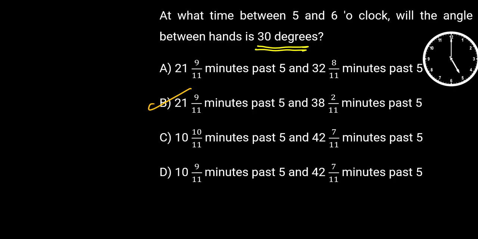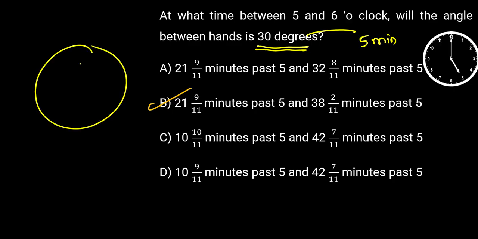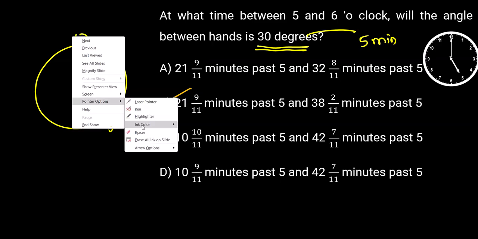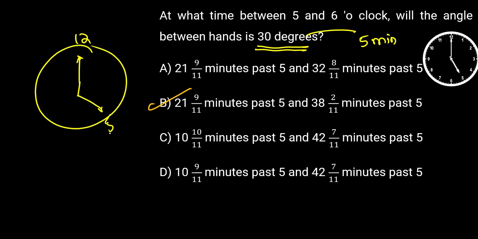In terms of minutes, if you convert, it's easy for you. 30 degrees is nothing but 5 minutes. Now listen, you are at what place? 5, right? 25 minutes, no? 5 minutes plus or minus 5, I can go for it. The answer should be option A, not B. I should go for 6 or I should go for 4.